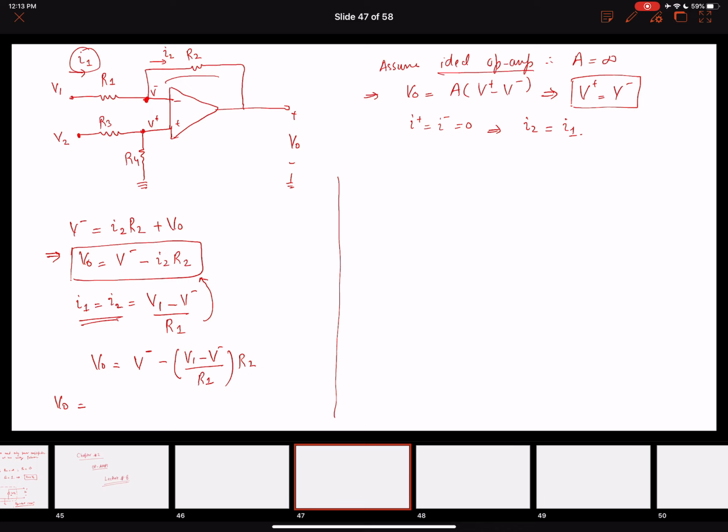So this will be equal to V negative minus V1 R2 over R1 plus V negative R2 over R1.